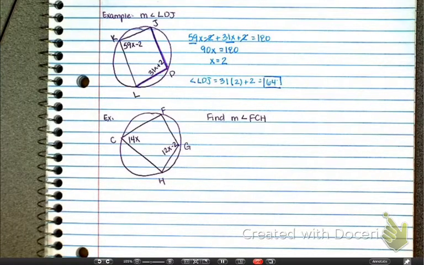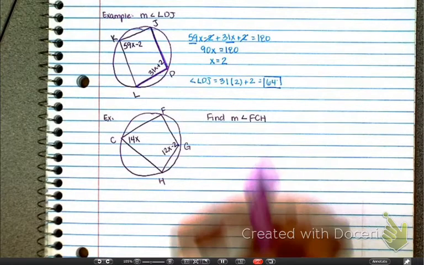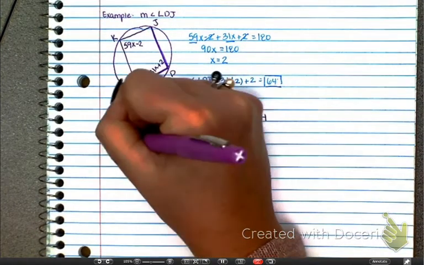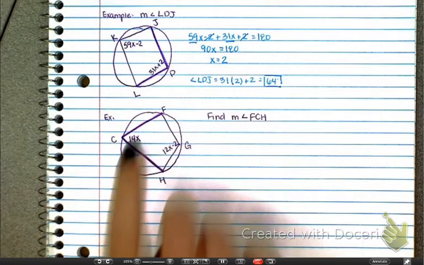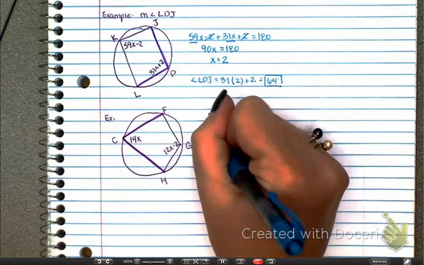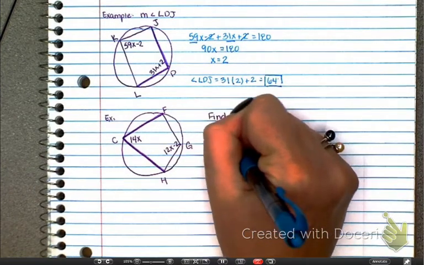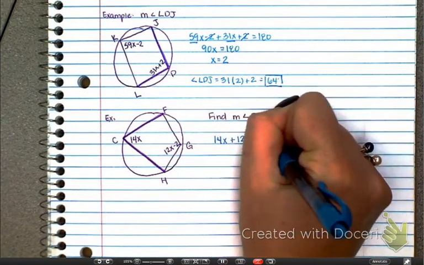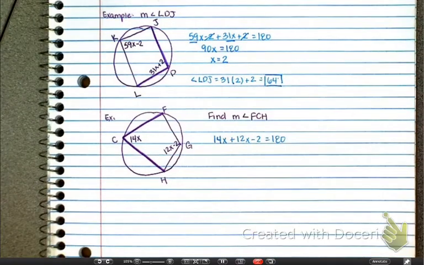Now that we've all had a chance to work, here is what you should have gotten. So C and G, well, first of all, let me go back and say FCH is going to be this angle here that we will eventually solve for. So this one up here, FCH. C and G are supplementary, so 14x plus 12x minus 2 equals 180.